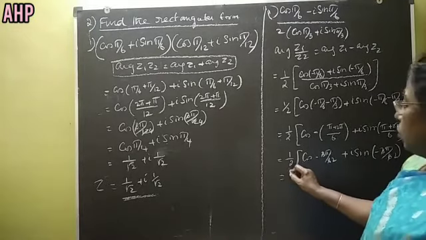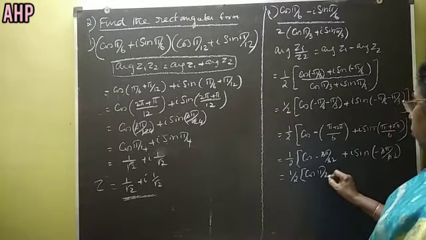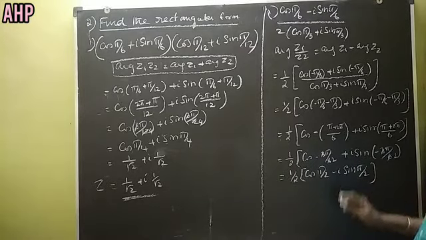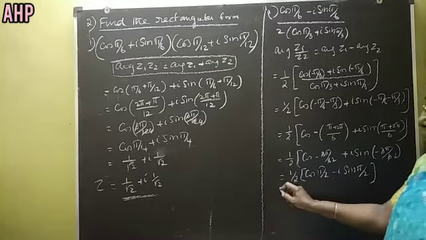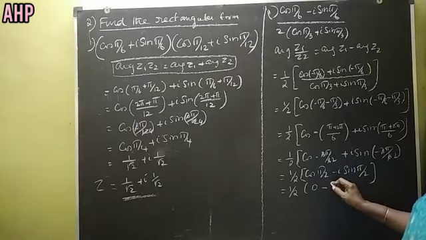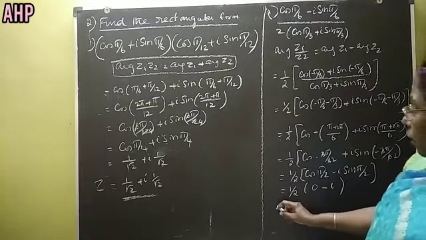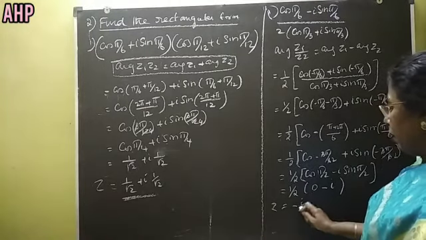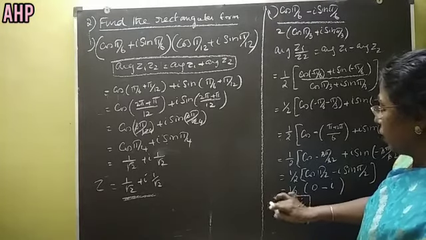So this is equal to 1 by 2 into (cos pi by 2 minus i sin pi by 2). Sin 90 is 1, cos 90 is 0. So this is equal to half into (0 minus i). Therefore, Z is equal to minus i by 2, which is the rectangular form for the given question.